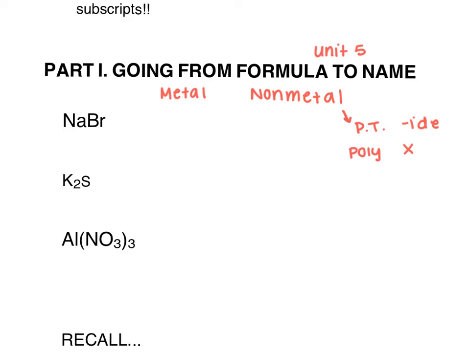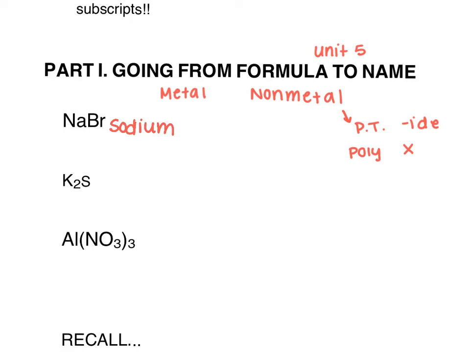So now having that review, using your periodic table, we'll try NaBr together, and then you're going to try K2S and Al(NO3)3 on your own. So the first thing I need to do is find what is Na. In group 1, I find that Na is sodium.